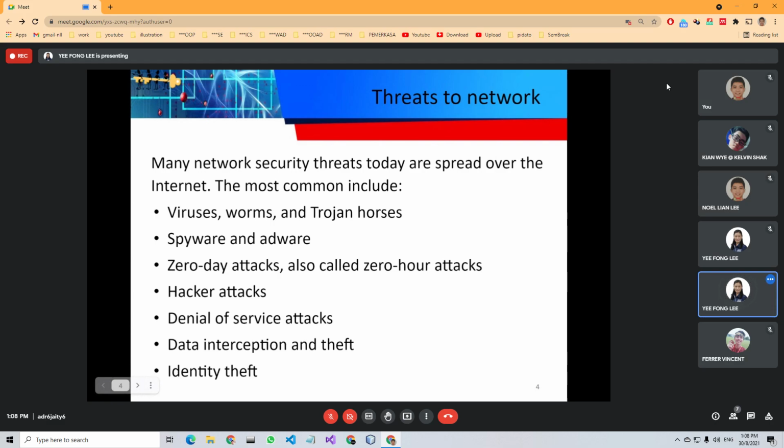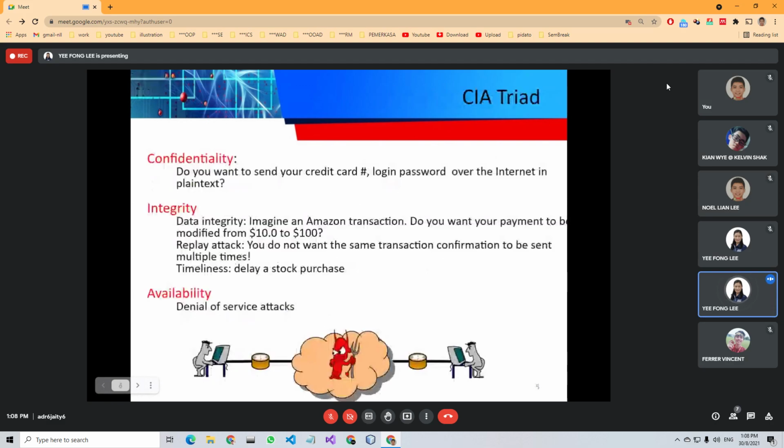Next one, the CIA triad. We learned this at the beginning of the semester, in chapter 1. CIA: confidentiality, integrity, and availability. I will not go into detail, as this is a revision chapter. Let me summarize it for you. The first one, confidentiality. Do you want to send your credit card? What is meant by confidentiality here?